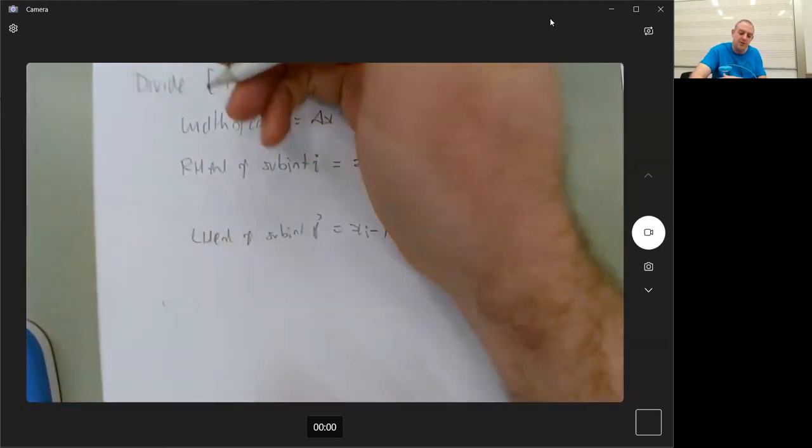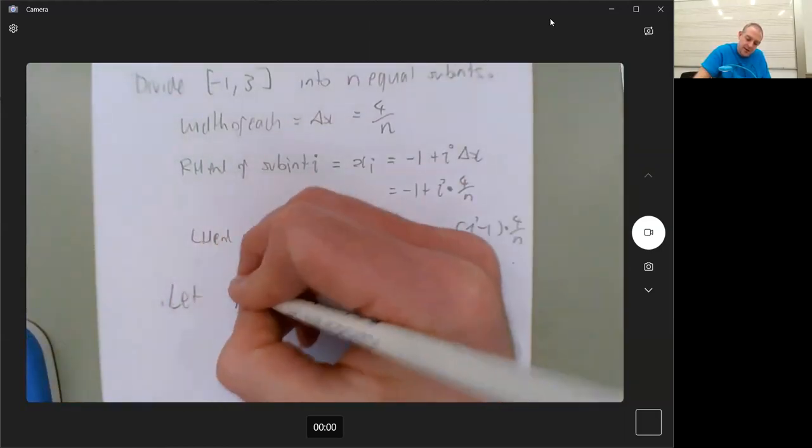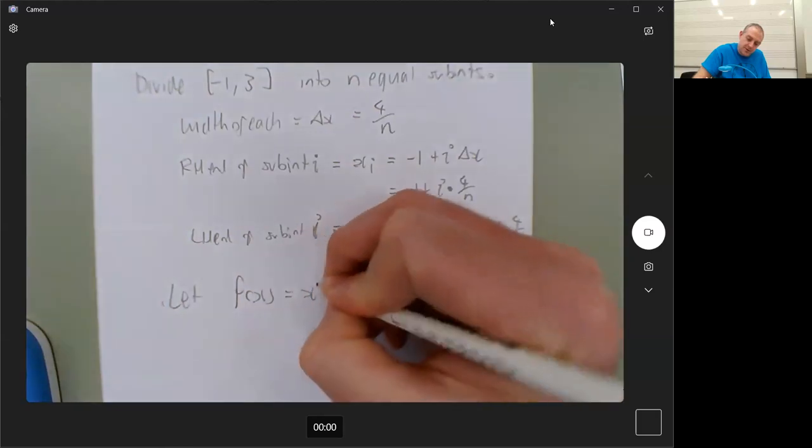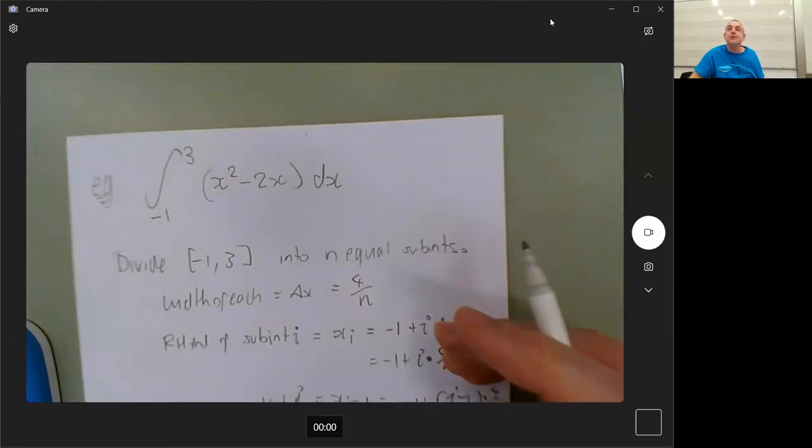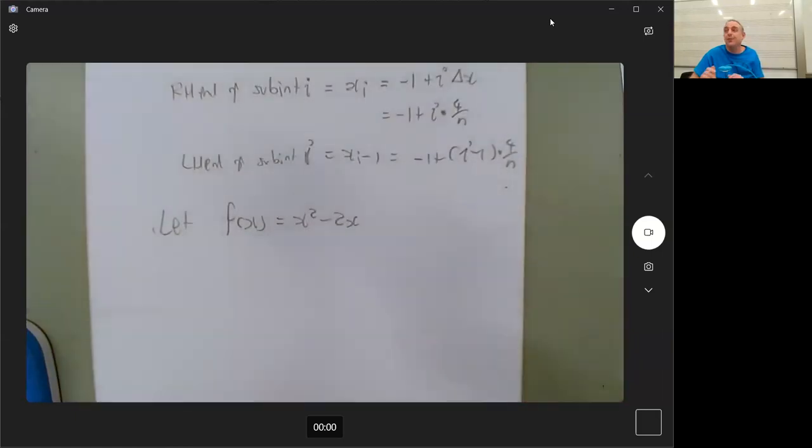I'm actually going to explicitly say that f of x is equal to this function. Officially, nobody has mentioned f of x yet, so you're supposed to tell them what f of x is. The person reading your exam is probably not going to care that much, but it's good practice, if they haven't mentioned what the thing is, to tell them what it is.